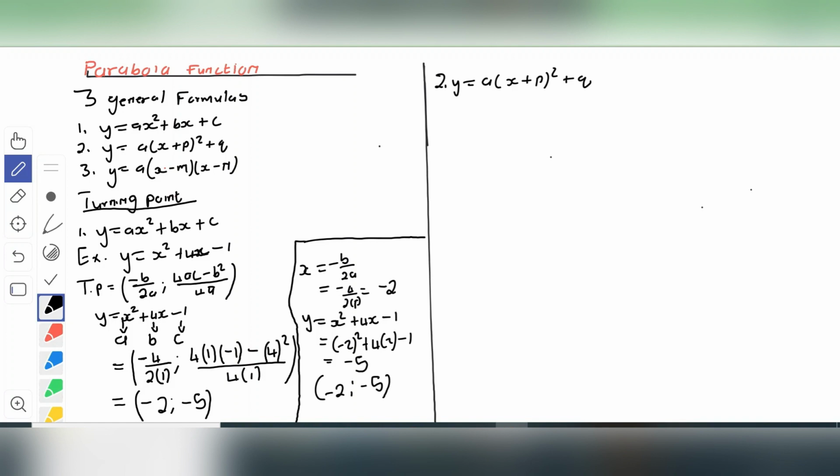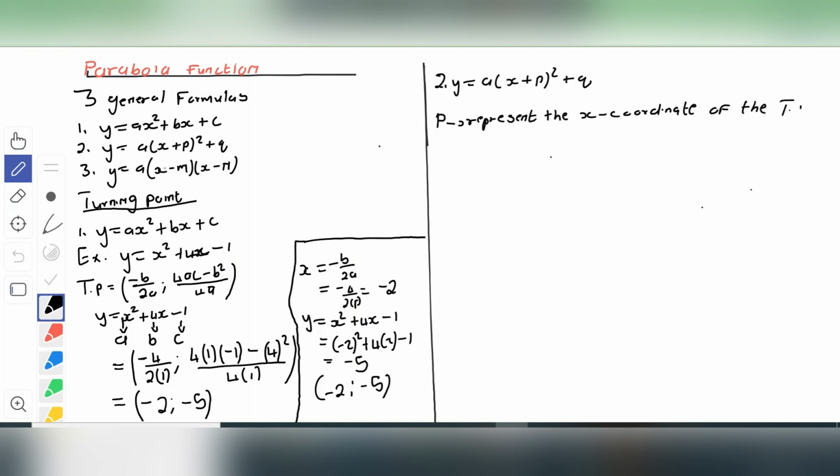For p, guys, never mind my handwriting, p represents the x coordinate of the turning point.